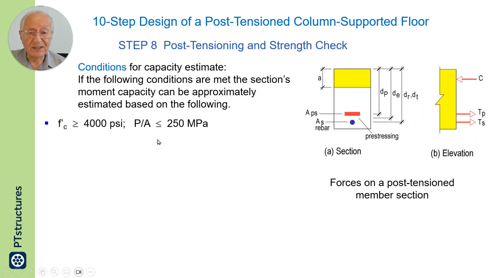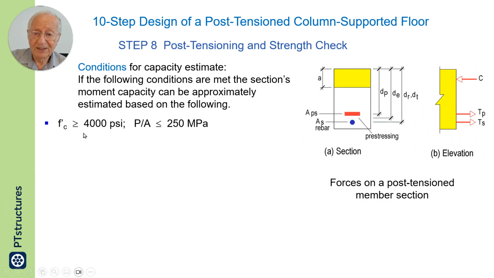What I mean is if the following is met, the capacity can be estimated. You can use the ACI code formula, which is fine. But if you want a simpler but conservative way, the following would work.